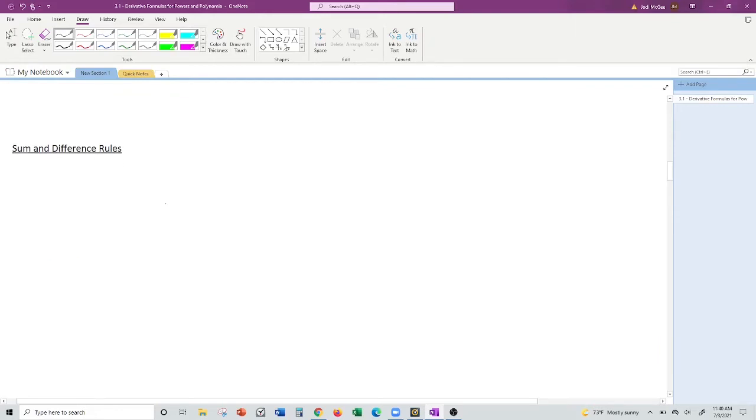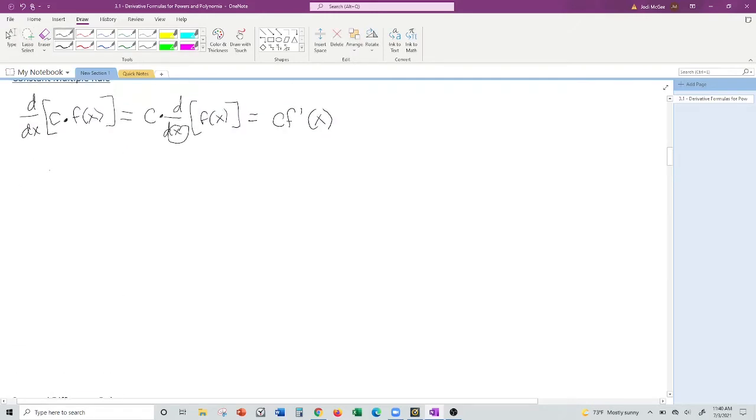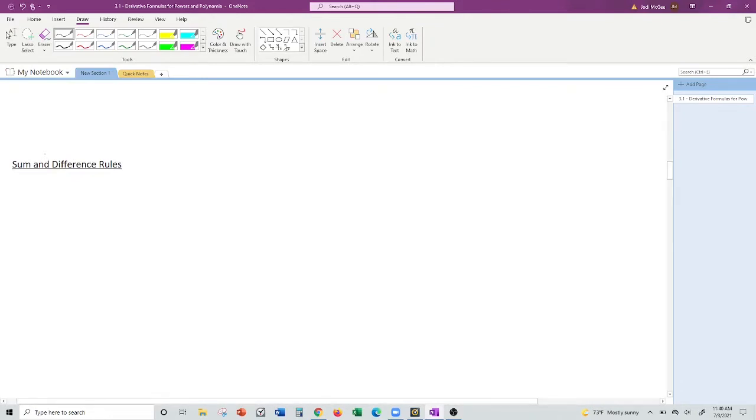So then we have our sum and difference rules. So if we have the derivative with respect to x of f of x plus g of x, all right, that's the same thing as saying the derivative of f of x plus the derivative of g of x.